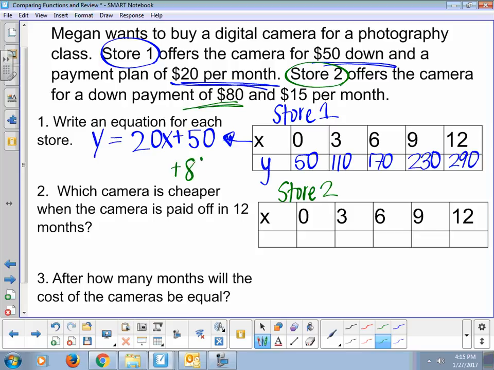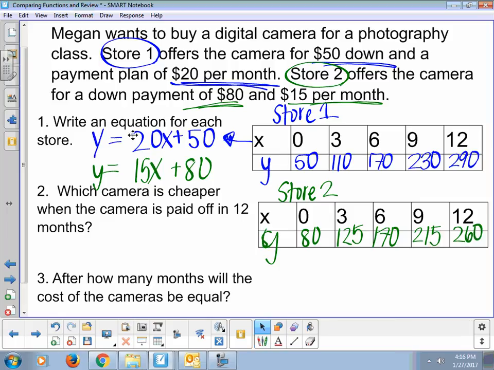So no matter what, you're paying $80. And each month is 15, so that number's changing. That's what goes with our x. For Store 2, after 0 months, it would cost $80. After 3 months, 3 times 15 is 45, plus 80 is 125. 6 times 15 is 90, plus 80 is 170. After 9, it would cost $215, and after 12 months, it would cost $260.